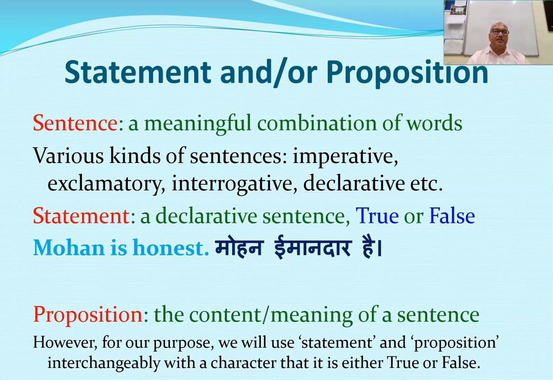Then your assertion, your claim that Mohan is honest, becomes false because the reality is otherwise. So a statement claims something about the reality, and if the reality is the way it is claimed in the statement, then the statement is true, otherwise it is false.